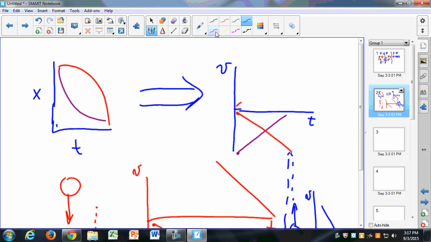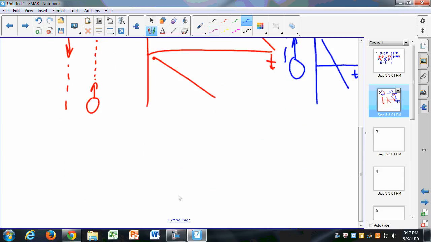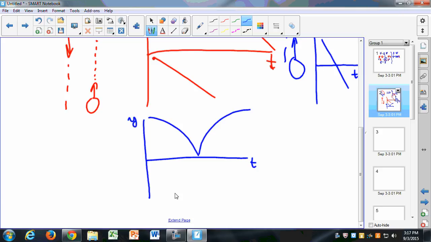Well, that was the bounce, right? If you look at the position versus time graph, y versus t, it looks like this. It sort of looks like a bounce.